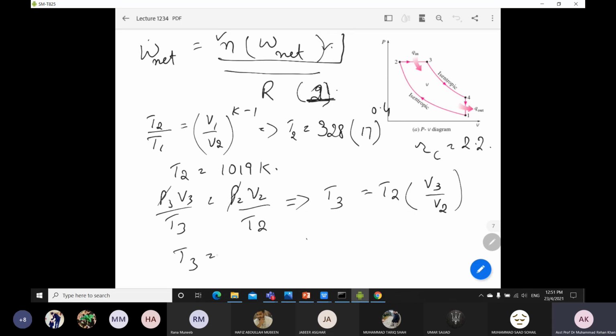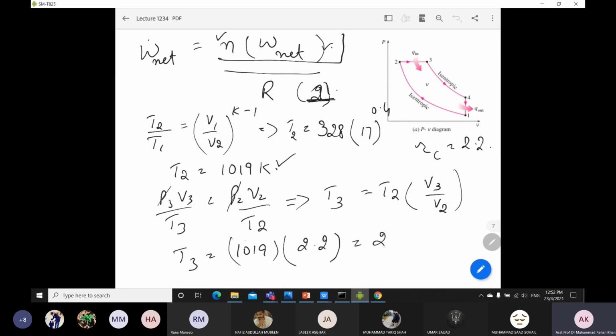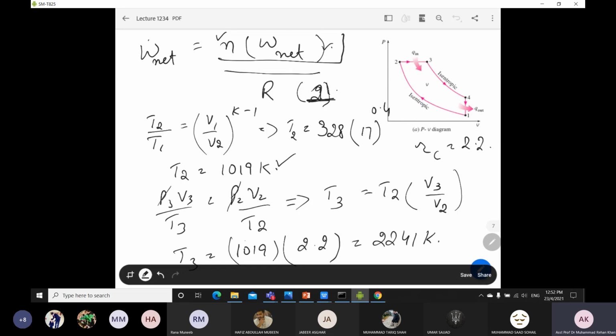T2 value comes from here, so 1019 Kelvin, and V3 over V2 comes from your problem statement, 2.2. Okay, you can just multiply it and you will get the value of T3 in Kelvin. Okay, so this is the temperature at point number 3. You can note it down, then I'll move towards the next part.